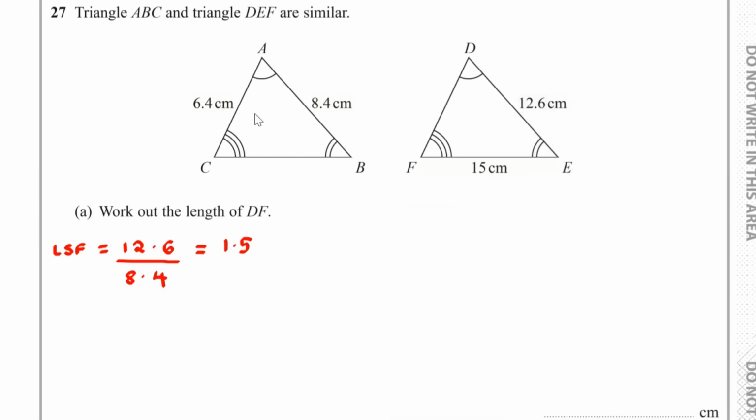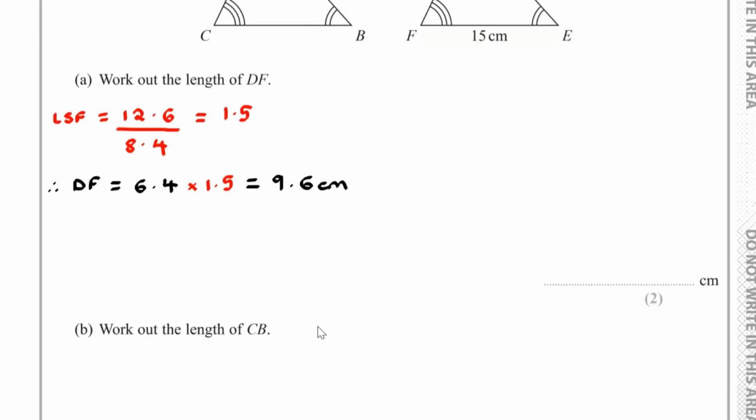To find out the length of DF, well, AC corresponds with DF, so DF is equal to 6.4, and then we multiply this by 1.5, and it turns out we would get 9.6 centimeters.